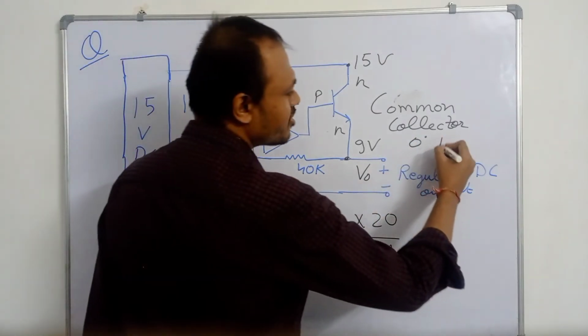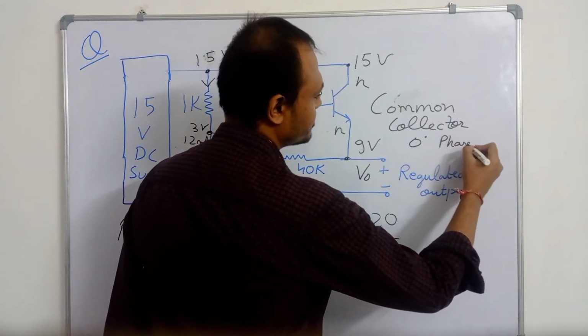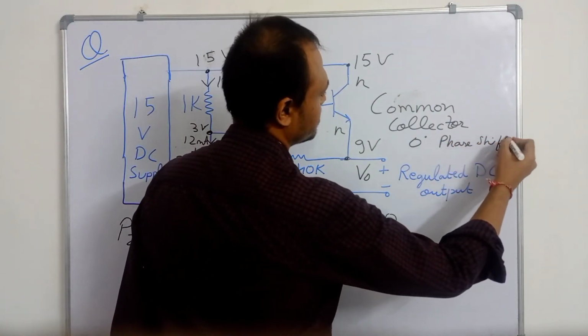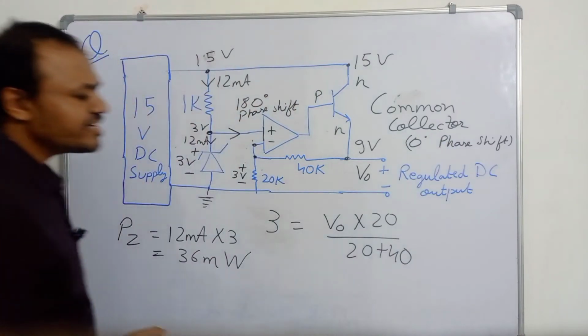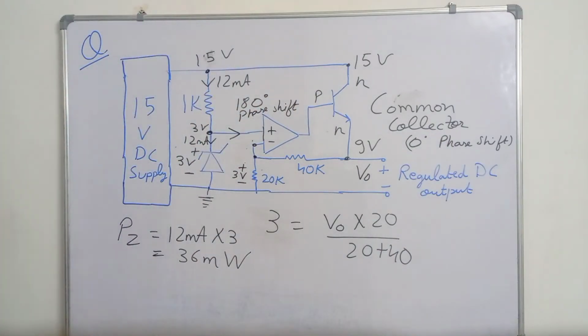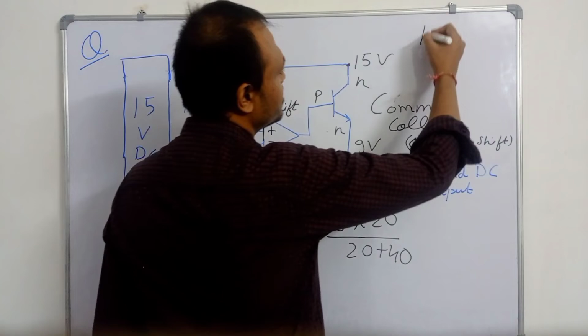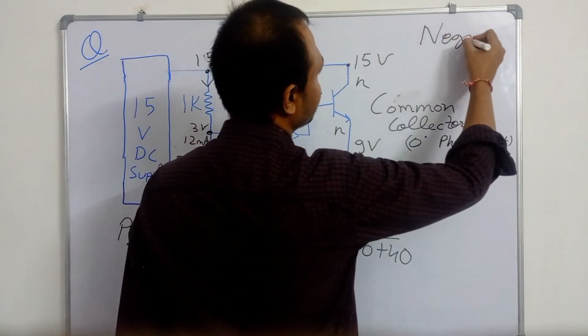So the total phase shift of the circuit is 180 degree, and 180 degree obviously means negative feedback. So this is a negative feedback circuit.